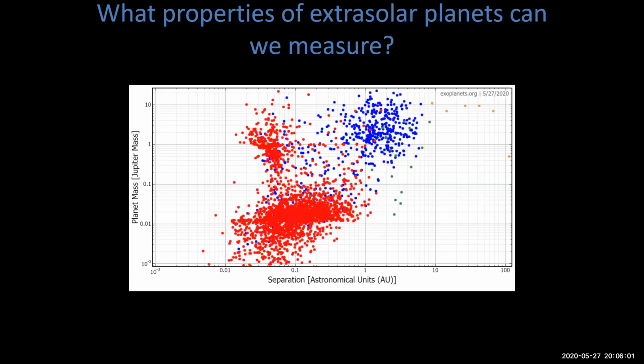Like how did solar systems with hot Jupiters form? What might that be like? So we have to think of maybe a new method of solar system formation to take these types of planets into account.